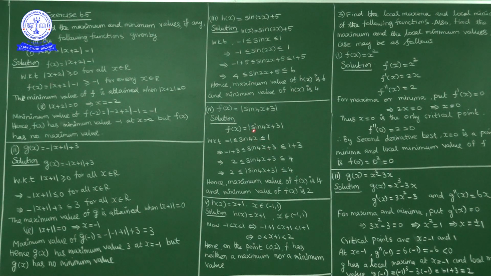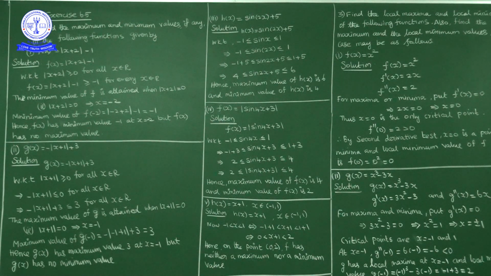Now add 3 throughout: minus 1 plus 3 is less than or equal to sin 4x plus 3, which is less than or equal to 1 plus 3. So 2 is less than or equal to sin 4x plus 3, which is less than or equal to 4. Now sin 4x plus 3 lies between 2 and 4.